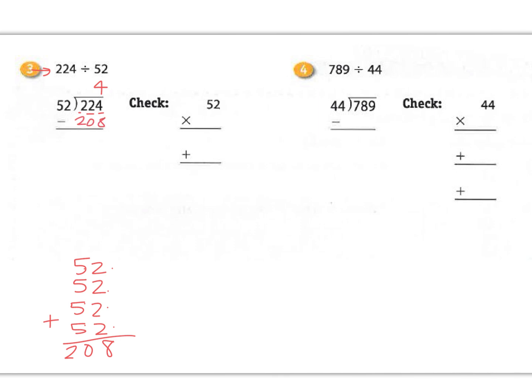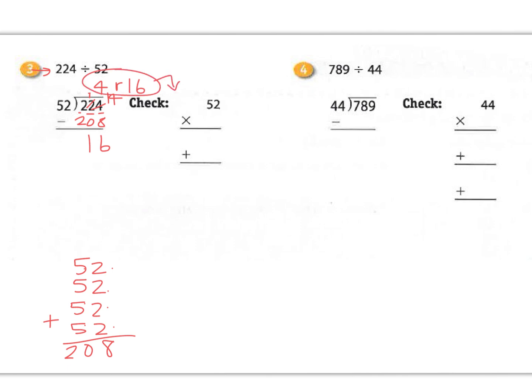So now we have to subtract that. So we got to borrow from the 2, make it a 1, make this a 14. 14 minus 8 is 6. 1 minus 0 is 1. So 4 remainder 16.